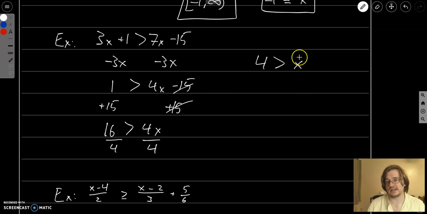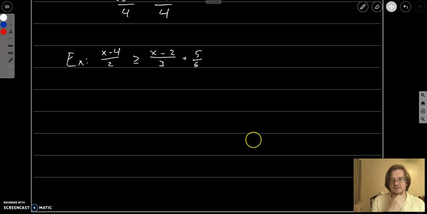Or, another way of saying it, x is less than 4. Again, in interval notation, this is going to be every number x that's less than 4. So 4 and below. Notice that we're not going to include 4, so it'll be a parenthesis there.